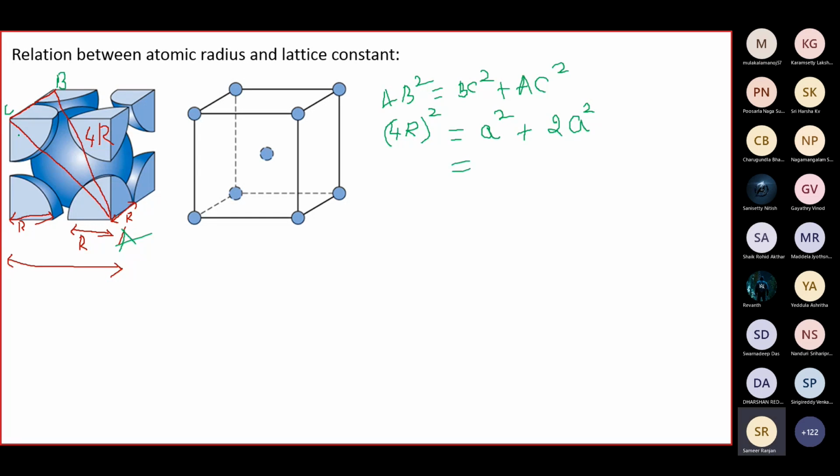It's like A square plus A square, so AC square is equal to 2A square. Do you agree? It is the face diagonal. So find out A: simplify this, A is equal to 4R by root 3.